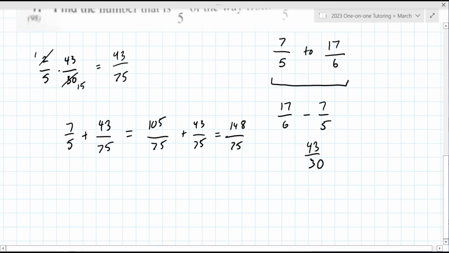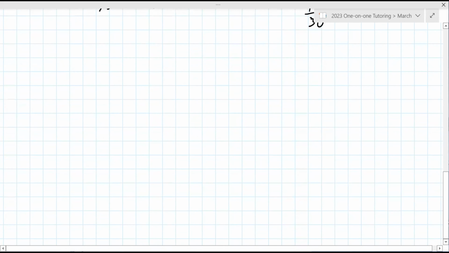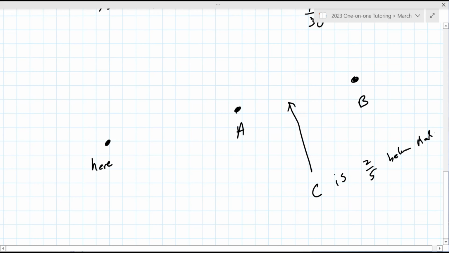So let's just take a step back. I don't know anything about flying airplanes, but I'll presume you are here, and there's a target A and a target B, and there's something somewhere in between them. We'll call it C, and C is, pick your fraction, 2/5 between A and B, and you want to know where that is relative to here.